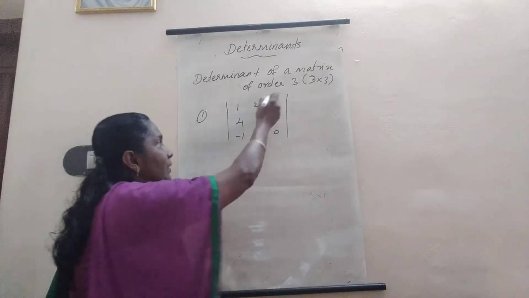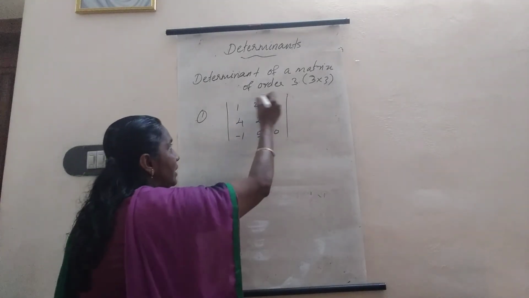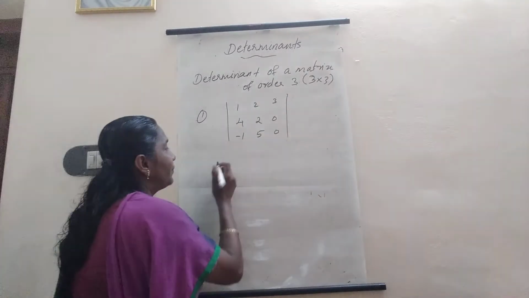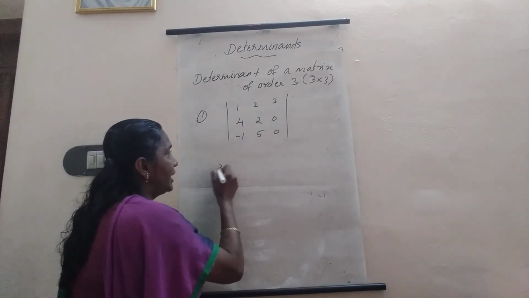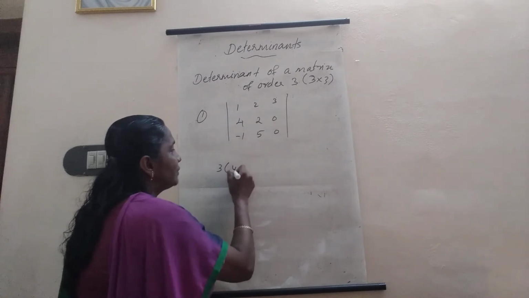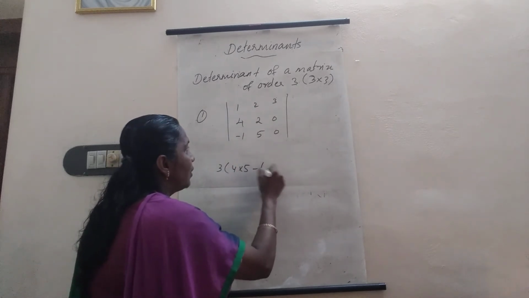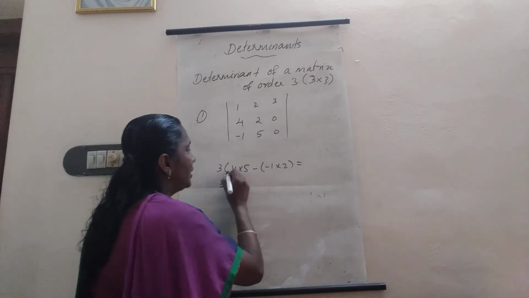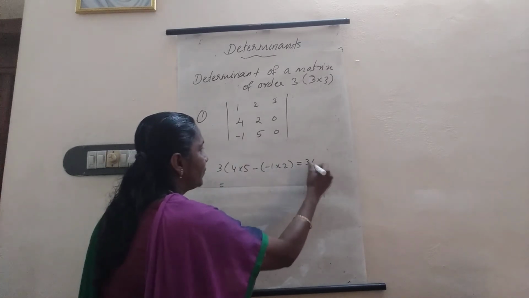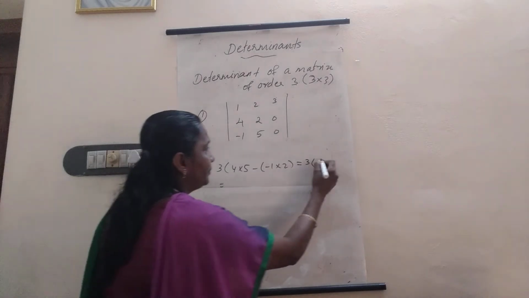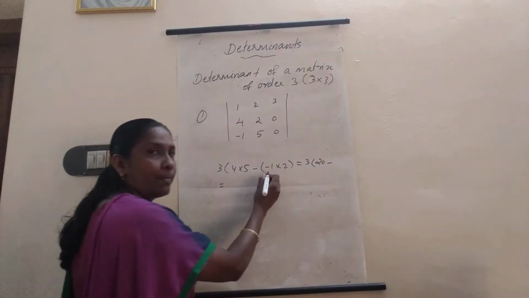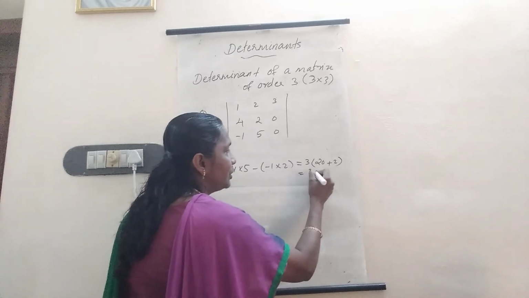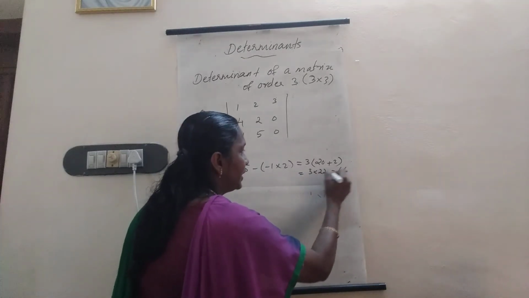Then we use the last column, this is the element A13. So minus 1 to the power 1 plus 3, that is positive. So 3 times 4 times 5 minus of minus 1 times 2, that is 3 into 20 minus 2, minus plus 2. 3 times 22 means 66 is the answer.